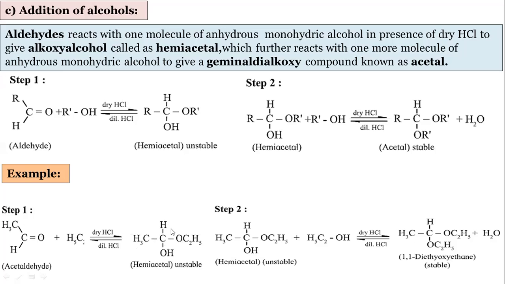This is hemiacetal. It is unstable. Again, it reacts with one molecule of C2H5OH. We get the complete acetal formation here. Now, what is the name of the compound? 1,1-diethoxyethane, because these two are ethoxy groups, which is very stable. So we can take any aldehyde and form the acetal and hemiacetal.